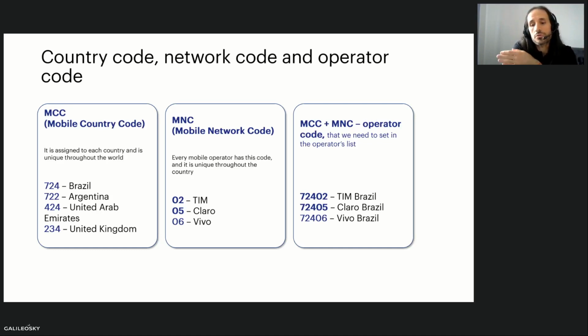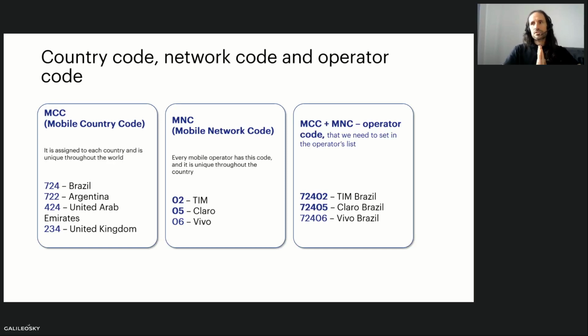So maybe your vehicle will go across from Brazil to Argentina. So you cannot have the same provider for Brazil and Argentina, because when you cross the border, you will start paying for the roaming connection, so it's very expensive, and you want to use another card which will be cheaper to use in Argentina, just as an example. So for that, you need to detect exactly to which provider you want to connect.